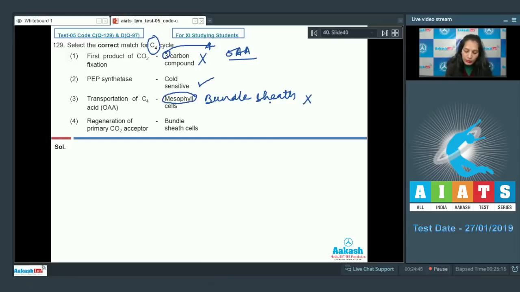So this is mismatched. Fourth one, regeneration of primary CO2 acceptor in the bundle sheath cells. No, this takes place in the mesophyll cells. So this is also a mismatched option. So the correct option for the given question is option number 2. Let's move on to the next question.